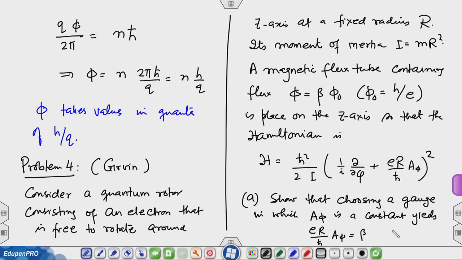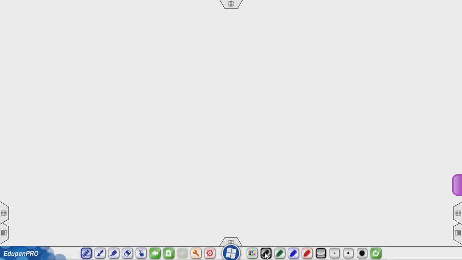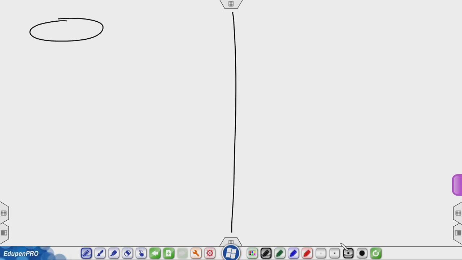Beta is the number of quanta that we are putting in. So, just to recap, I have an electron that is free to move in this circle of radius r, and I am putting in a flux phi equals beta phi naught, and we are choosing A phi to be constant over this circle.